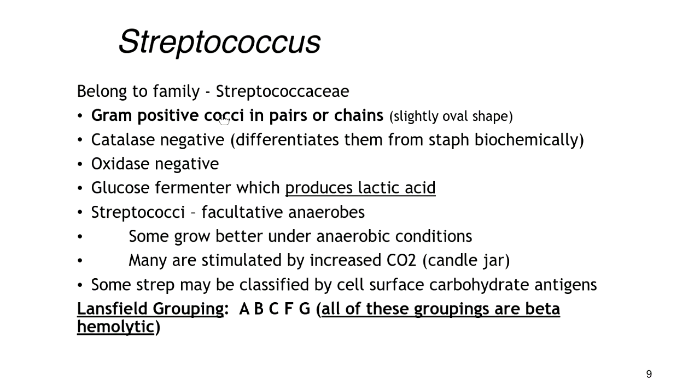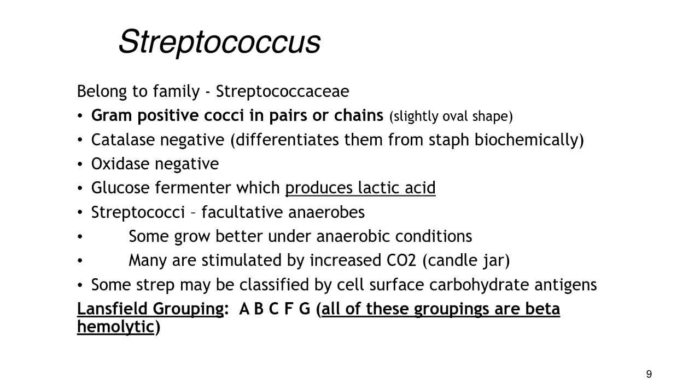gram-positive cocci in pairs or chains, produce lactic acid. And with strep, they're called facultative anaerobes. They kind of like to be in a little bit less oxygen-rich environment, may not be totally anaerobic with no oxygen, but they grow better. They're facultative. They really like maybe a little bit less oxygen.